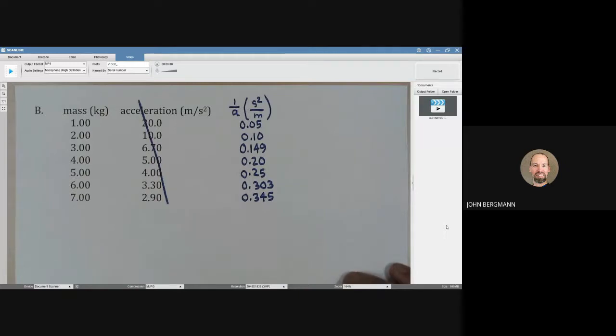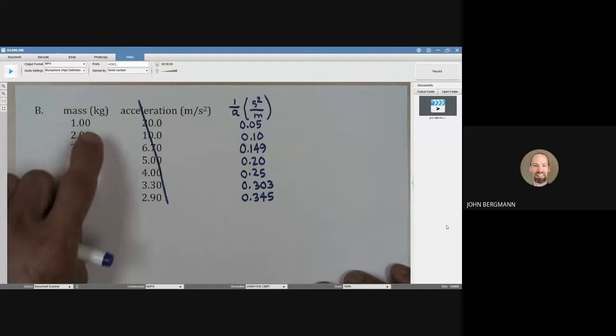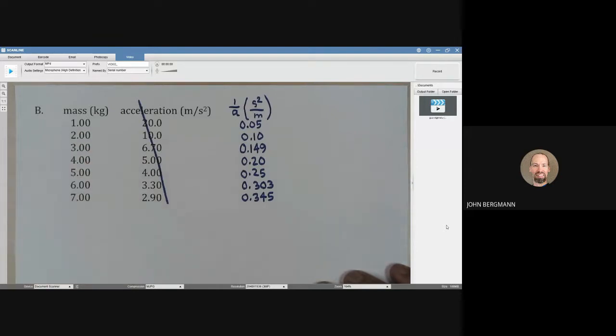Well, what you perhaps will recognize, and the more experience you get with physics, the better you'll be able to recognize this, is that the kilogram meter per second squared is the same thing as a Newton. You might have run into that when you've studied Newton's second law, if you have in any previous physics course.